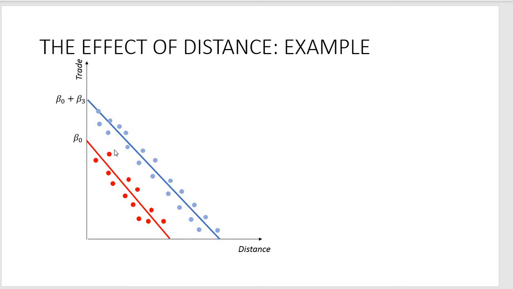This regression line is for pairs of countries when the condition that both countries are EU member states is not maintained. So again, it can be two countries outside the European Union or only one country outside the European Union. In any case, it is not true that both countries are in the European Union. And here we have the regression line in a situation when both countries are European Union member states.